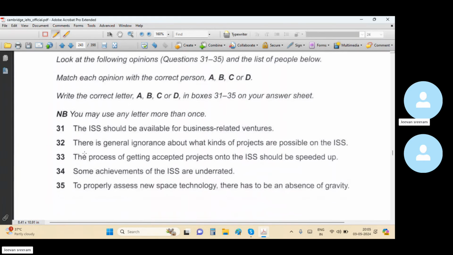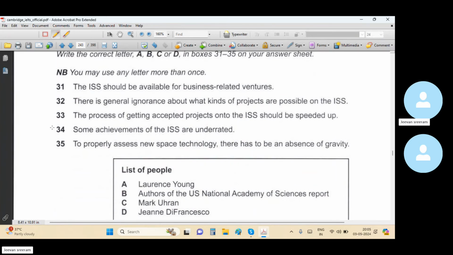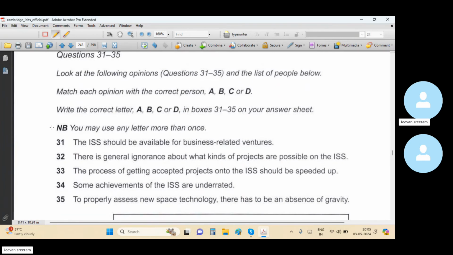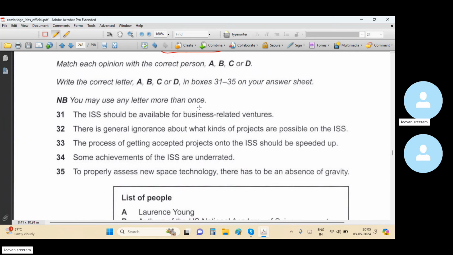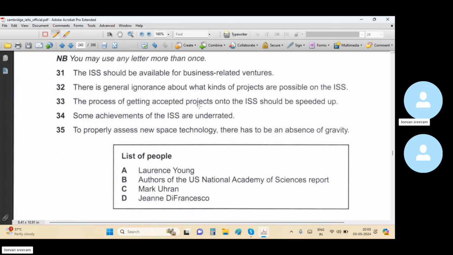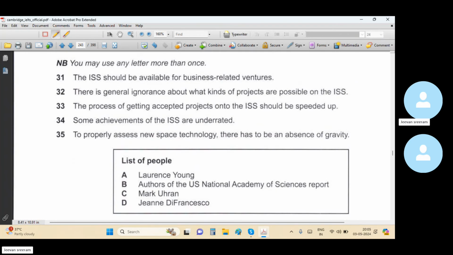These are the multiple choice questions. Again, there is another question type from 31 to 35: matching the information to the correct person. So I think it's already 20 minutes. Most students are not watching videos which are more than 20 minutes.